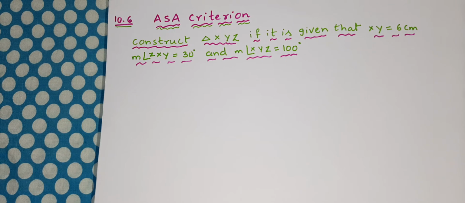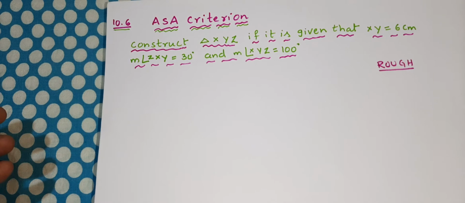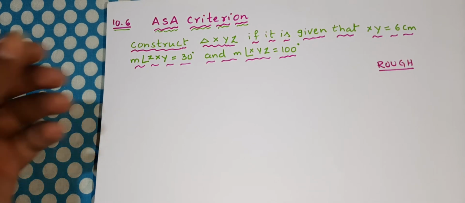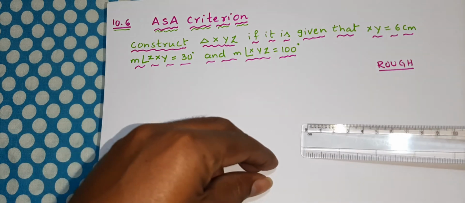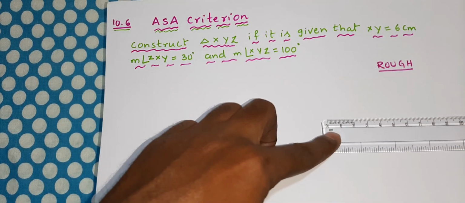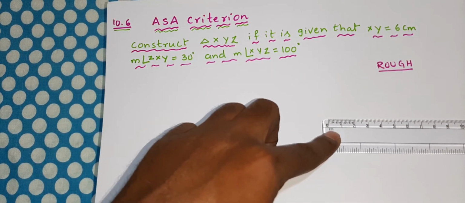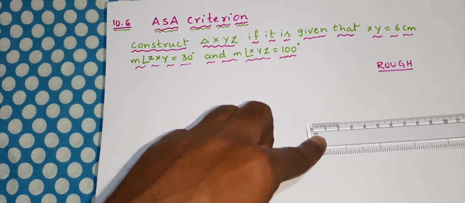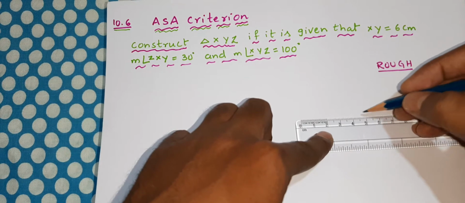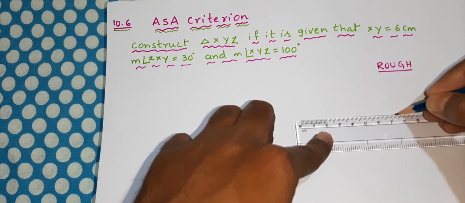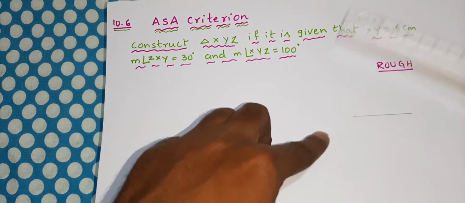First of all, we will construct a rough diagram. Children, in the rough diagram you need not use a scale while constructing the triangle XYZ. It's a very simple figure you can draw without any measurements. This is XY.